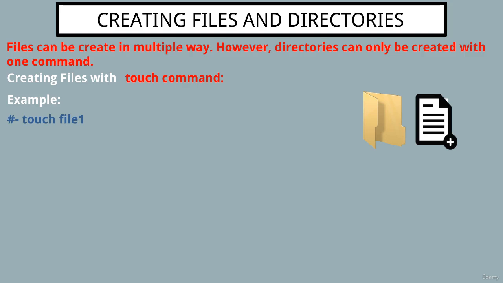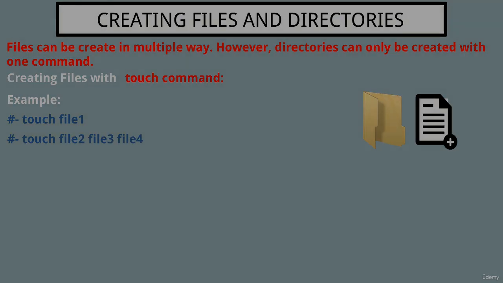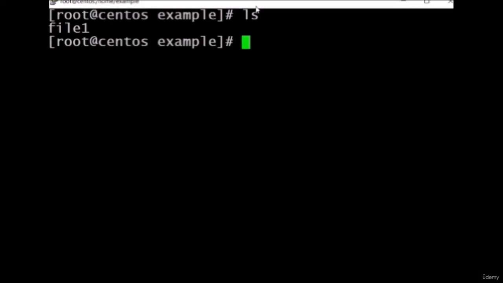With the same command that we just created one file, we can also create multiple files. So we are going to create file 2, 3, and 4. So let's try that, see how that works. Touch file 2 space file 3 space file 4. I'm going to hit enter.